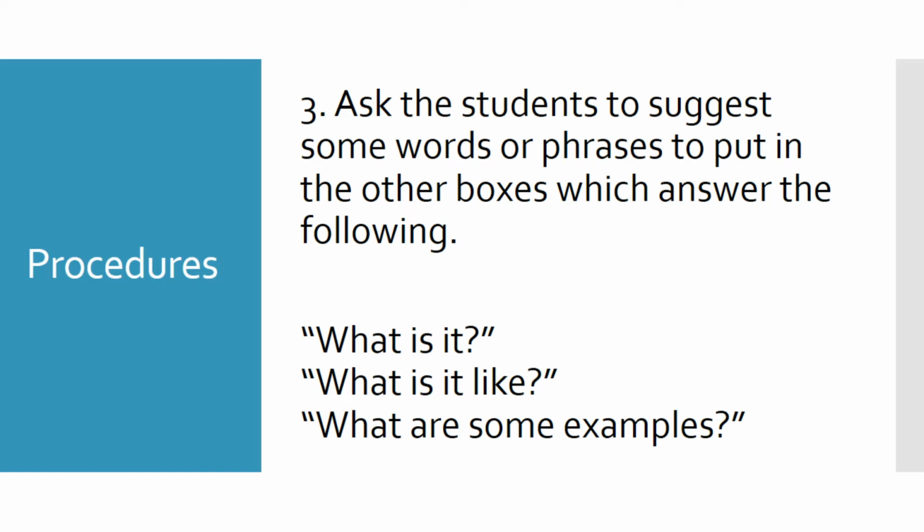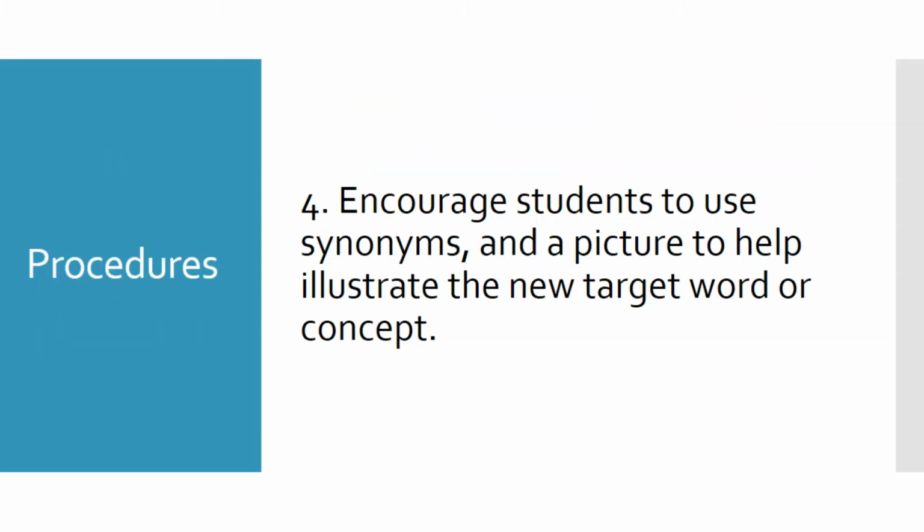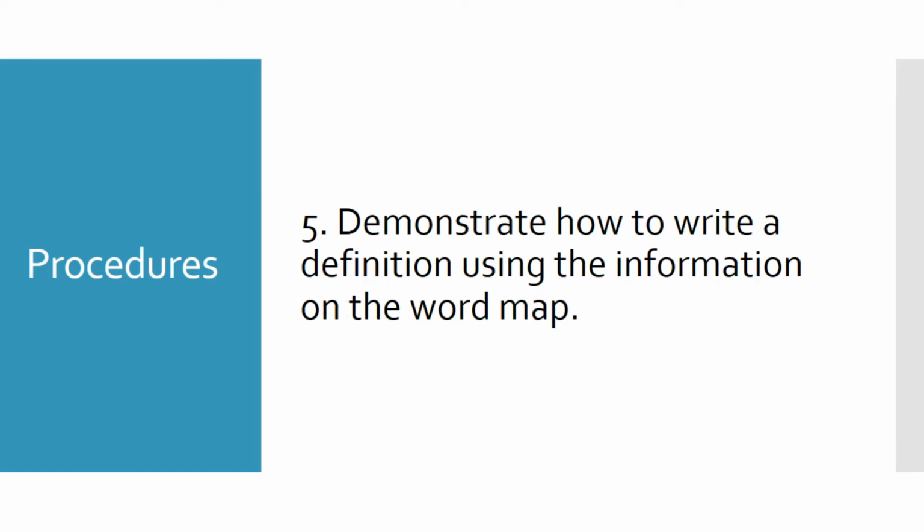What is it? What is it like? And what are some examples? Number 4. Encourage students to use synonyms and a picture to help illustrate the new target word or concept. Number 5. Demonstrate how to write a definition using information on the word map.